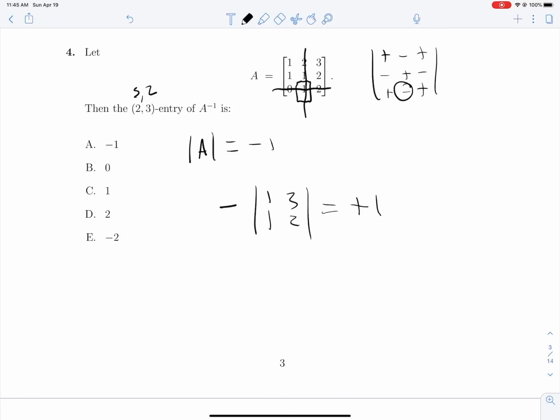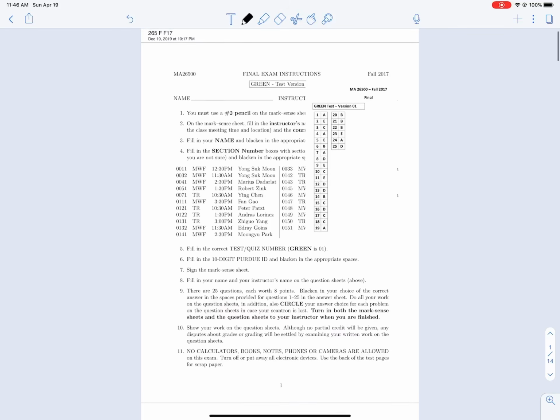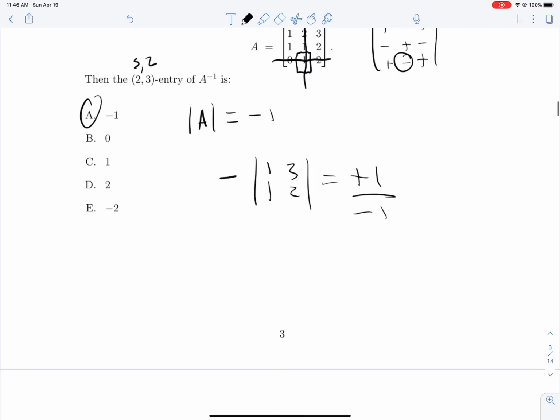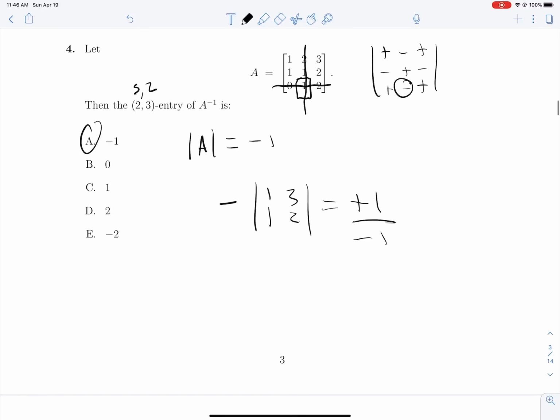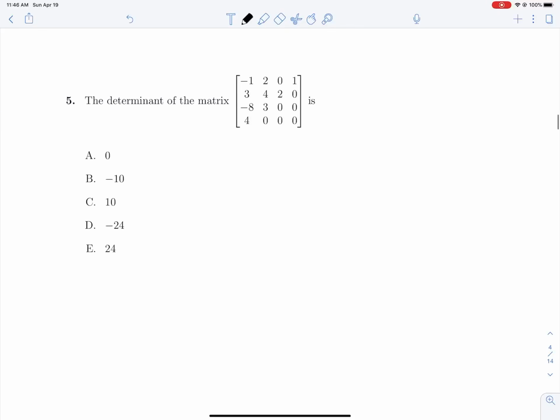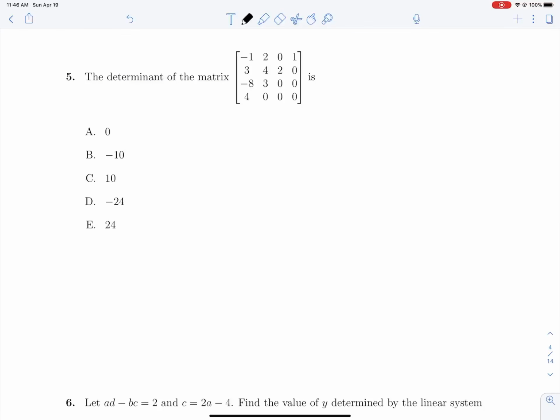And then we have to divide by our determinant in the end, and we get an answer of negative 1. It's a little convoluted, and there are much better full explanations of how to do a 3 by 3 inverse, so if what I just said made no sense, please go look for those. That would be a good decision.